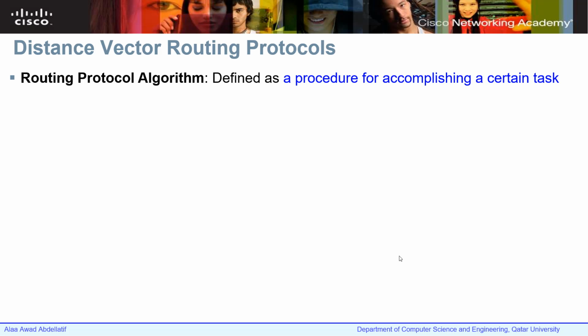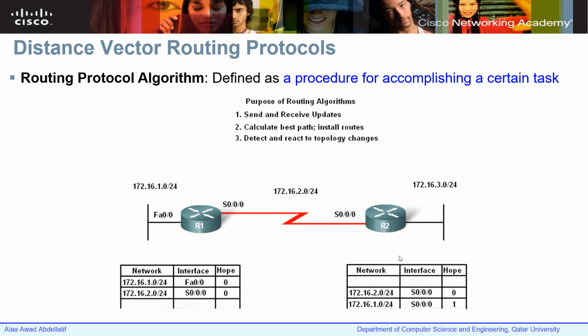After exchanging this information, we need a routing algorithm to define the best path. A routing algorithm is used to achieve a certain task, and the main task of routing is to select the best path to each destination. The main purpose of a routing algorithm is to send and receive updates, exchanging updates between the different routers. After receiving these updates and building a routing table, we need to calculate the best path.